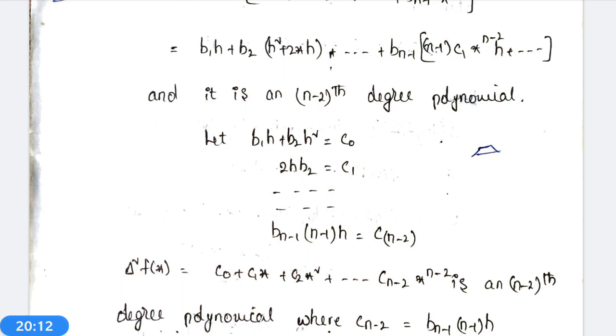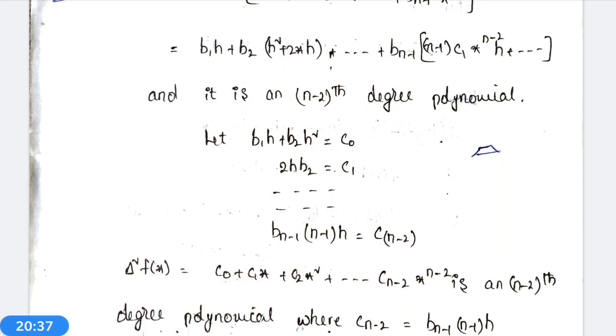That is the coefficient of the highest degree term, into the nth power of the argument, into the factorial of the number of times applying finite difference. That is an into h power n into n factorial.